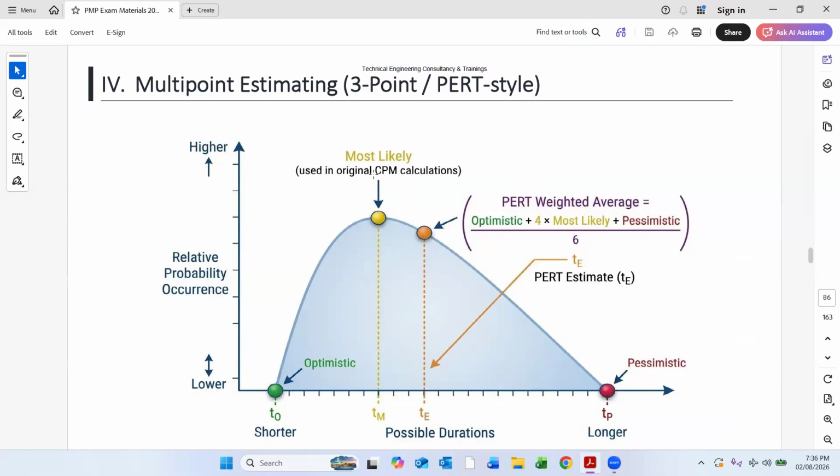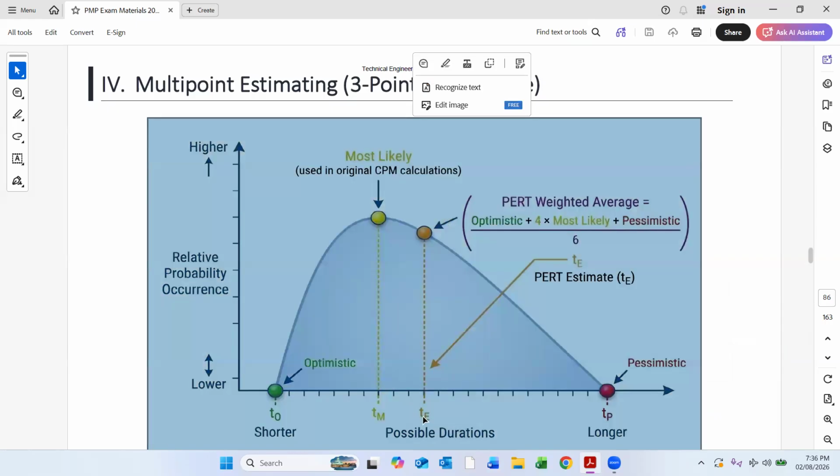If we put the formula optimistic plus 4 most likely plus pessimistic divided by 6, we reach a point somewhere here, not the most likely but somewhere here.